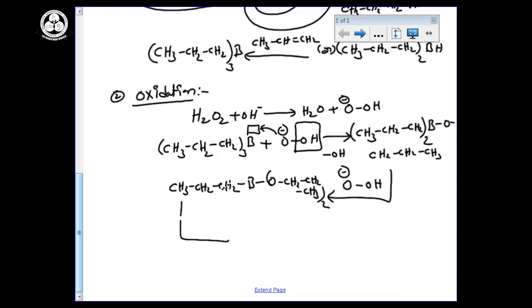Again you can react with one more mole of OH minus. So it becomes, simply you can say, B O CH2 CH2 CH3 thrice.